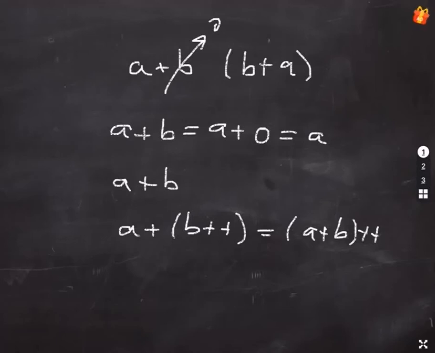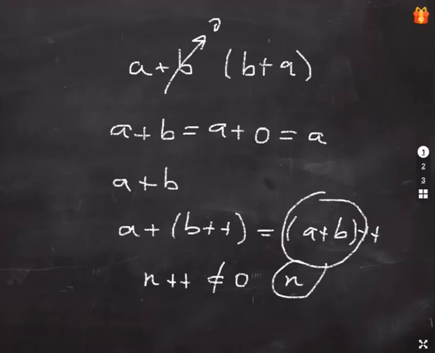Remember, 0 cannot be the increment of any natural number, the successor of any natural number, which means that n++ cannot be 0 for any natural number n, and this here is a natural number, because the addition of two natural numbers is a natural number itself.